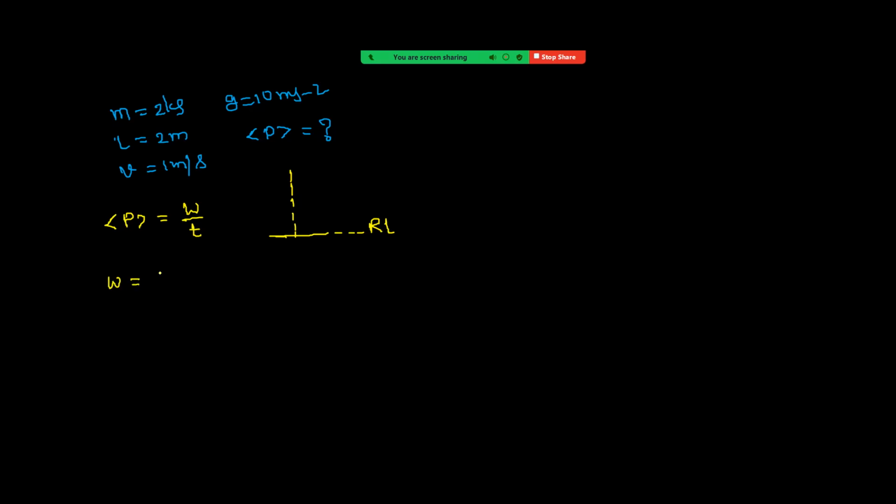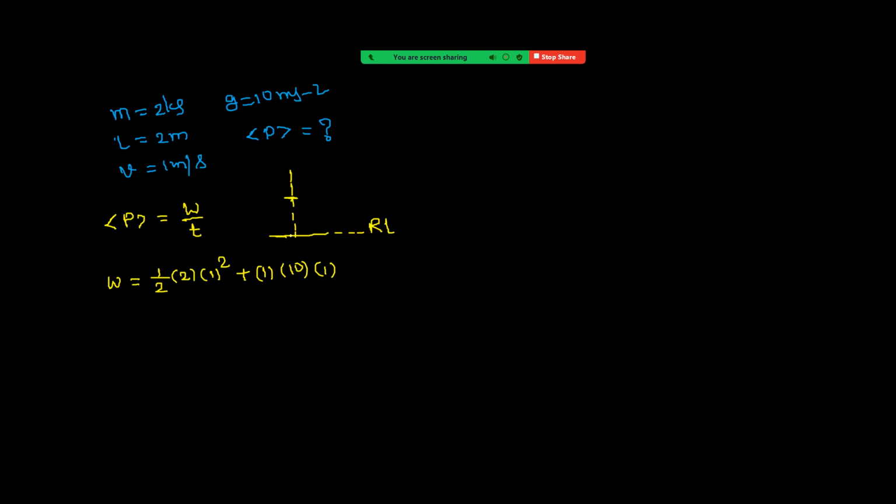So work done will be half m v square, v value given 1. That is the kinetic energy gained, plus you can see the center of mass of the rope will be the midpoint of the rope, right? So we are taking the gravitational potential energy raised. That is m g height, equal to 1, because we are focusing on the center of mass of the rope since the rope is uniform.